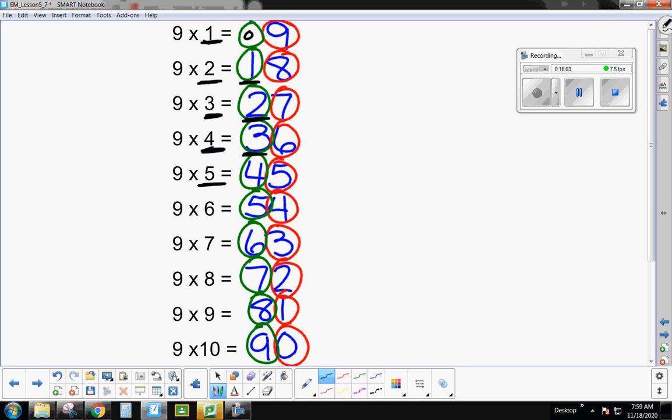When I multiply by 5, the first number is 4. 6, 5, 7, 6, 8, 7, 9, 8, 10, 9. Isn't that cool? So whatever I'm multiplying by, the first number in my product is just 1 less. So I call that take 1 off.